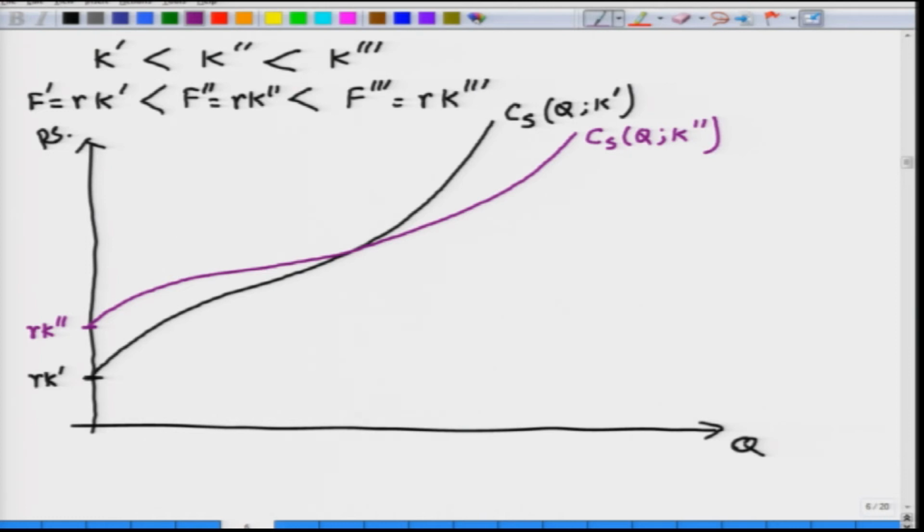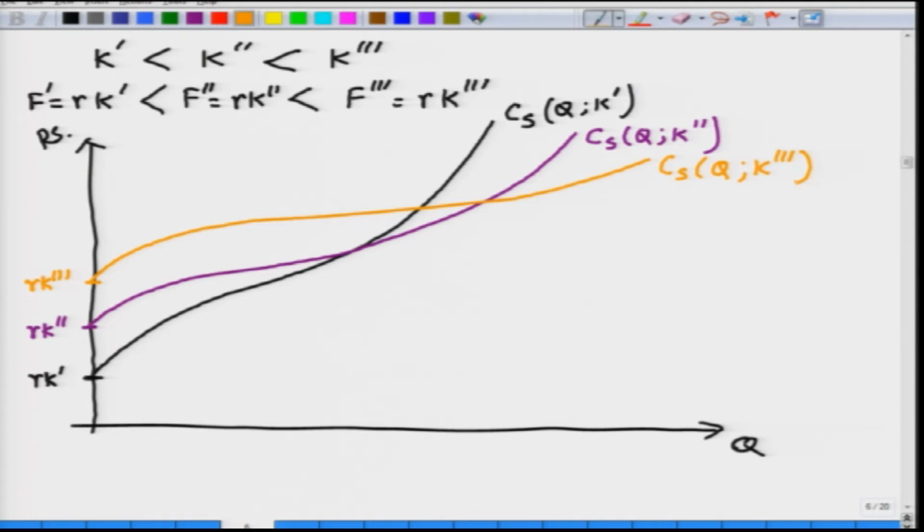And finally, when I move from k double prime to k triple prime, my fixed cost is r k triple prime, but now my cost curve looks somewhat like this, CS q k triple prime.